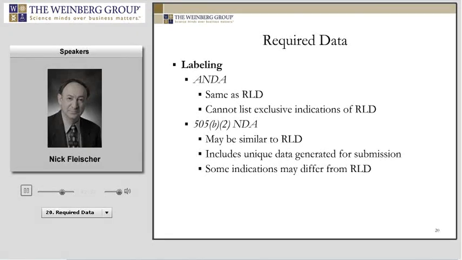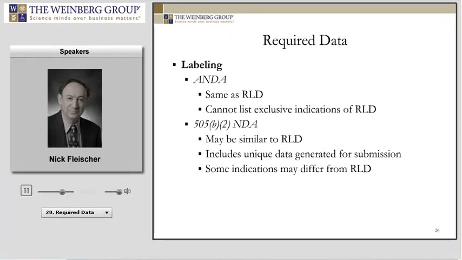The labeling for an ANDA would be identical to the reference drug. There are certain exceptions that are listed in the regulations that would be different, things like manufacturing site, other minor differences that are allowed to be different, but for the most part they would be identical.